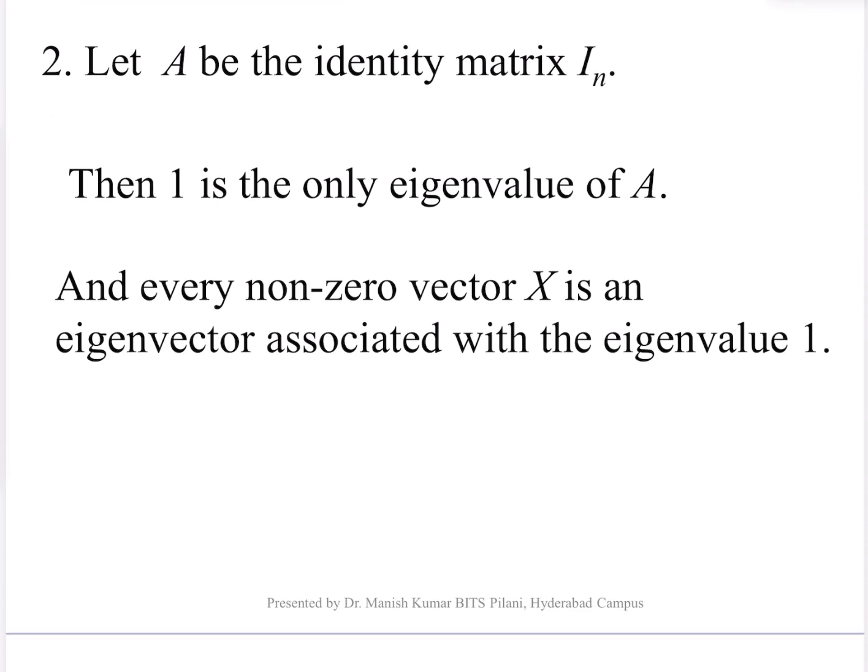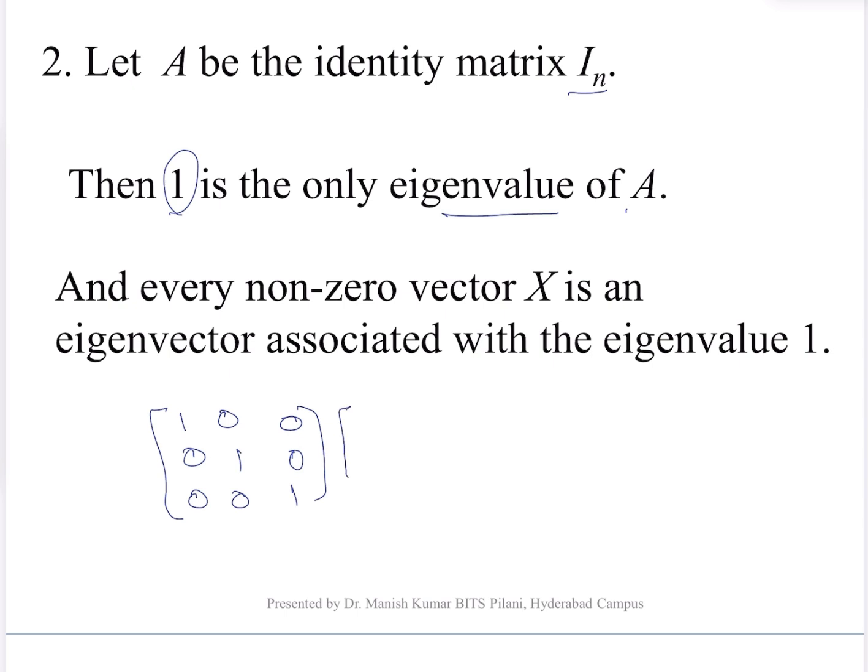Let us see another example. Let A be an identity matrix, then 1 is the only eigenvalue of A, right? Because the identity matrix, let's say 3 by 3, and any vector you take, let's say x1, x2, x3, where x is a non-zero vector.